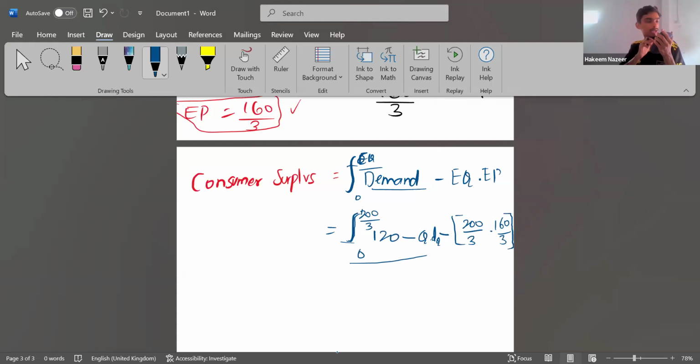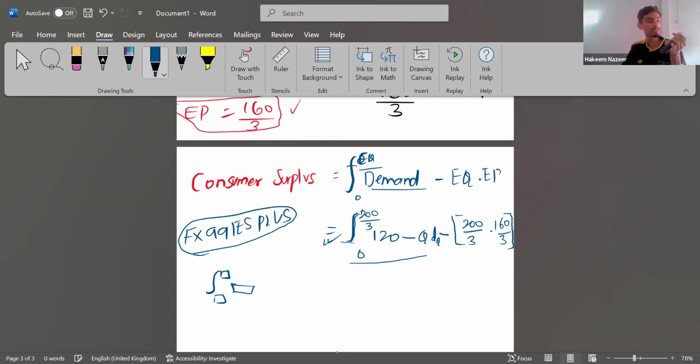This is my Casio fx-991ES Plus. We can calculate the exact function, the plus c, the constant in here, right? And we have the integral sign like this under the alpha button in this calculator.